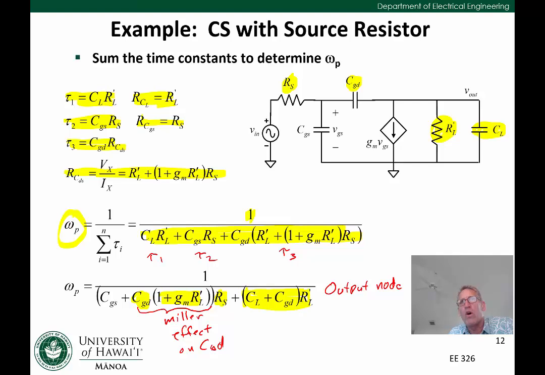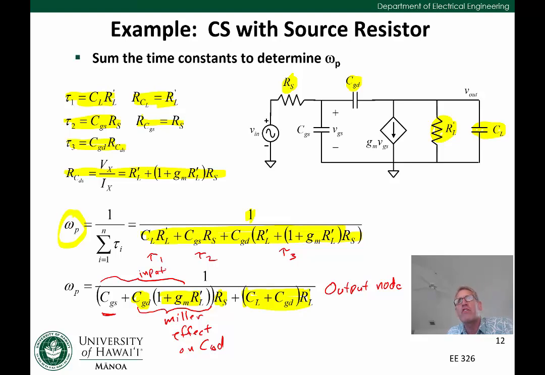So that's that large looking capacitor at the input being multiplied by the source resistance Rs, and then that adds with CGS because we have the CGS there as well. So the right side, this part over here, is really from the input.